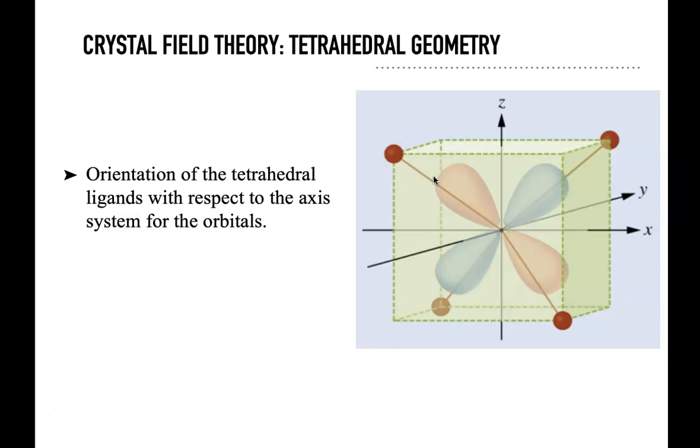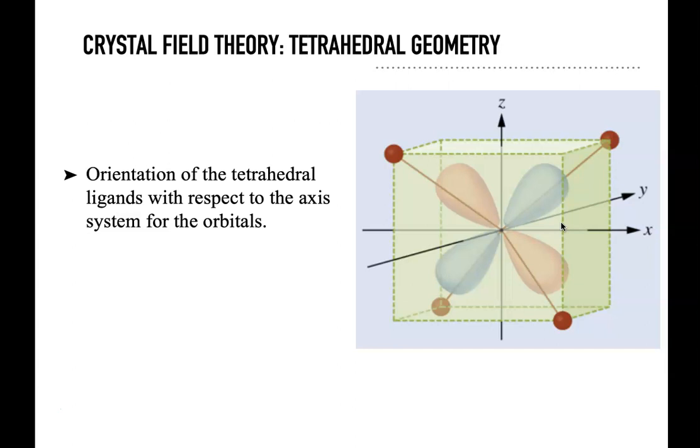So xy, yz, and zx, these 3 orbitals have relatively high energy level. So t2g is high, but the orbitals of dx square minus y square and dz square, they are on the axis of the x-axis and y-axis, and then the distance between these ligands and this orbital is relatively further away, so the energy is more stabilized, less repulsion and energy stabilized.